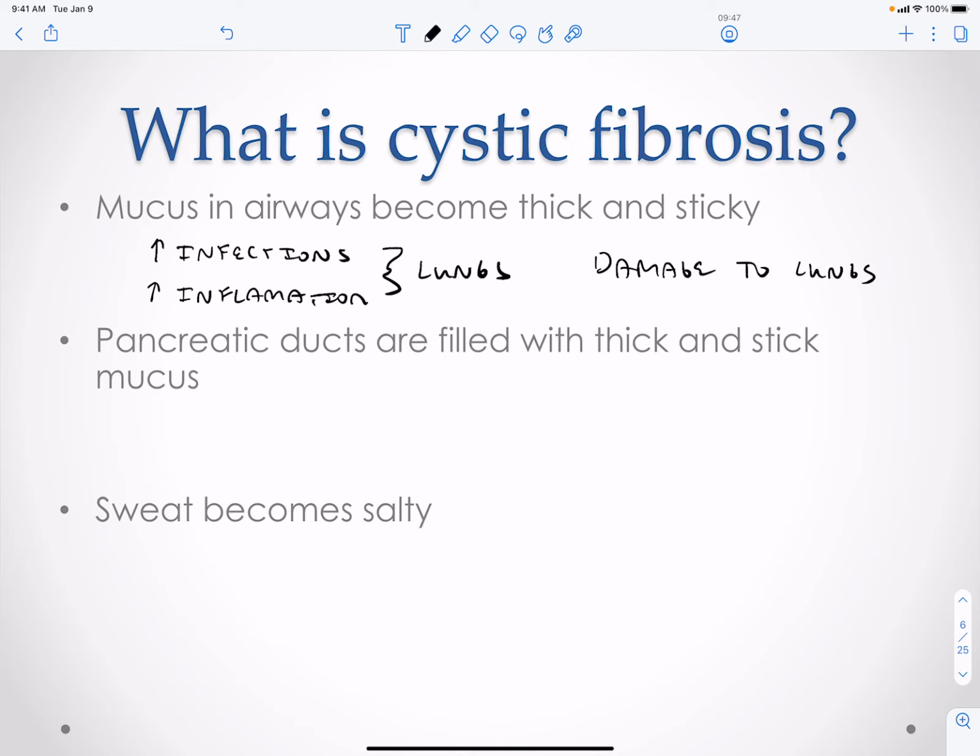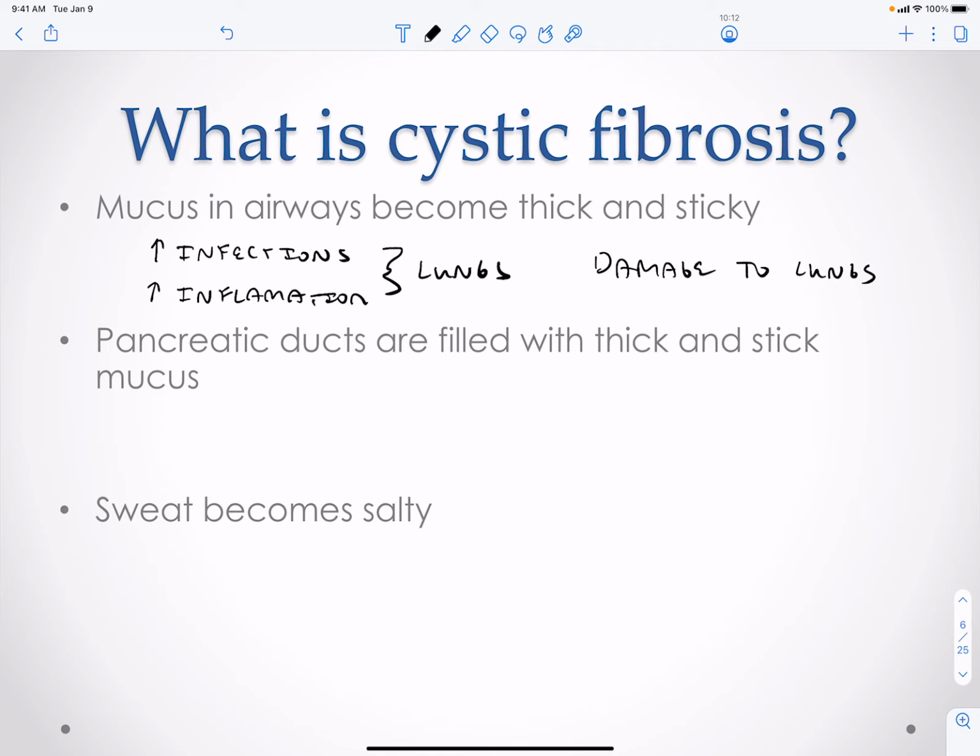Now, the lungs are not the only site. You also have this CFTR gene expression in other areas, especially in the pancreas. In the pancreatic ducts, this chloride channel is important in moving electrolytes and water. When you are not able to move chloride, similar to what happens in your lungs, your pancreas is affected.